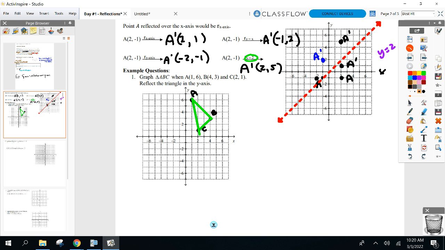Connect them, make them look like triangles, please.